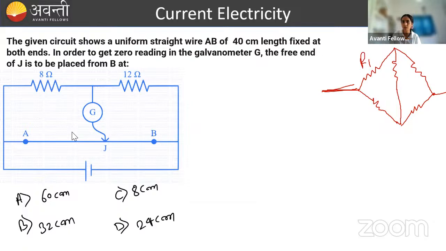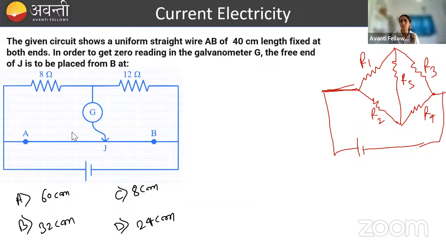There used to be 5 resistors. And we are interested in one particular case where this is connected to the battery, where there is no current flowing in the R5. So through this arm, there will be no current flowing.